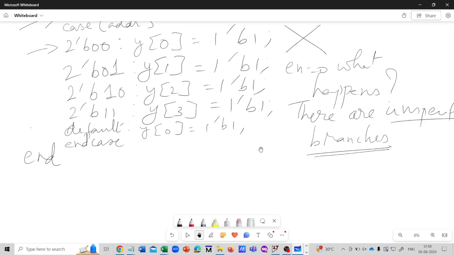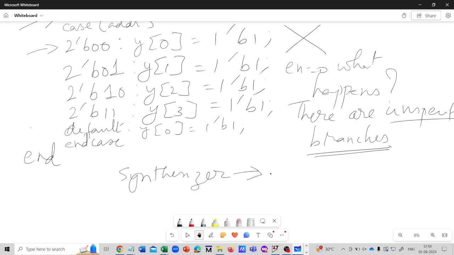That is, you can see here that all the lines y0, y1, y2 and y3 at some point of time, at some branch, they are unspecified. So when there are unspecified branches for a particular output, then the synthesizer assigns the previous value.